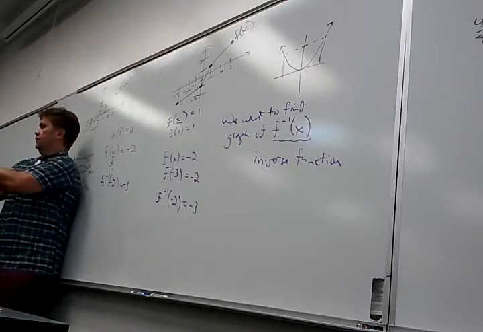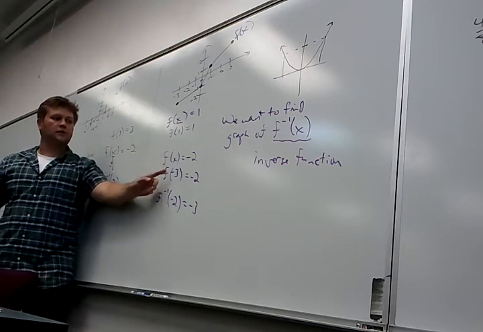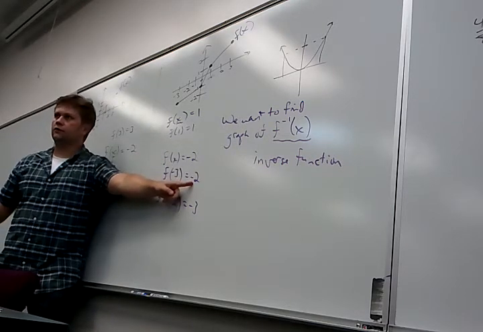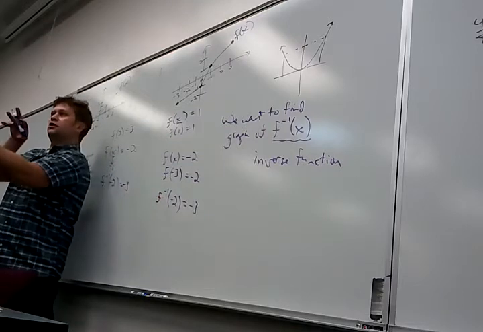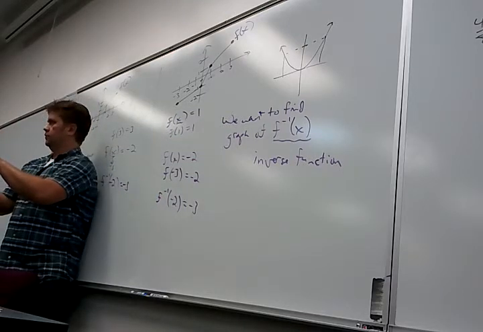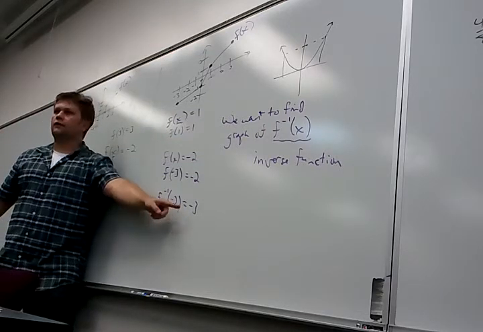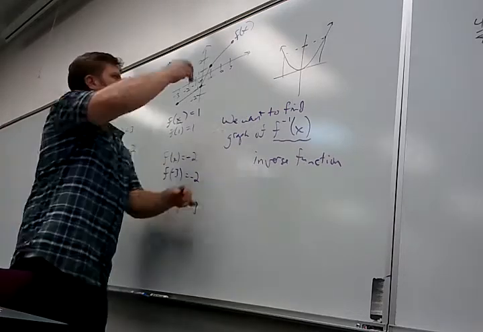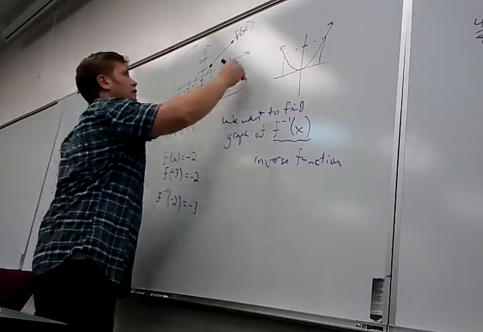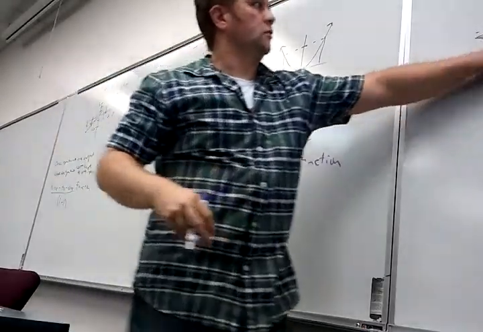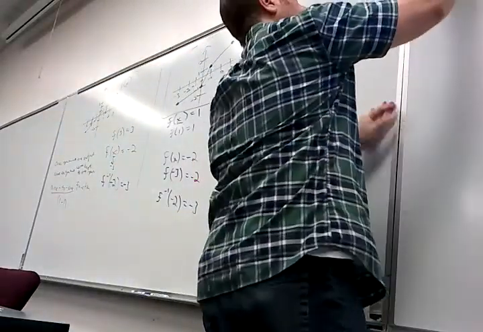It takes it back. So the original function does something to negative 3, makes it negative 2. The opposite function would undo it. Would take it from negative 2 back to negative 3. So let me give you, before we get into this graphing thing, let me ask you something that's a little bit easier.